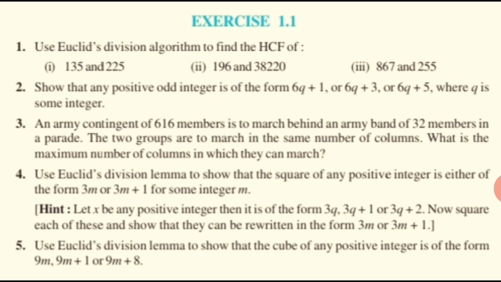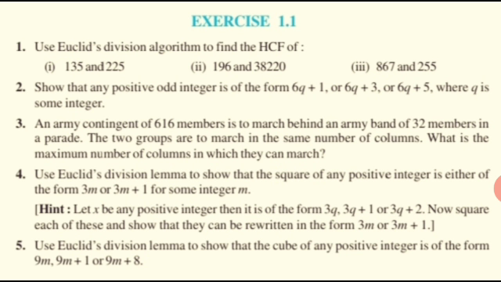So let us concentrate on question number 3. An army contingent of 616 members is to march behind an army band of 32 members in a parade. Children, you must have seen the Republic Day parade. In those parades, when you see the army bands, in front you will see army bands walking, and behind them the rest of the contingent walks.